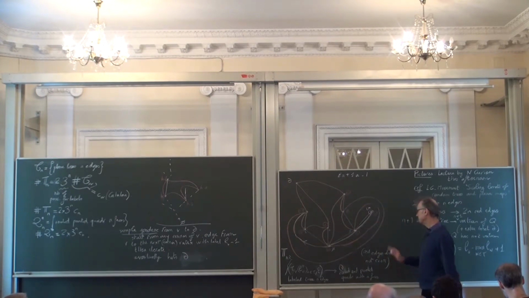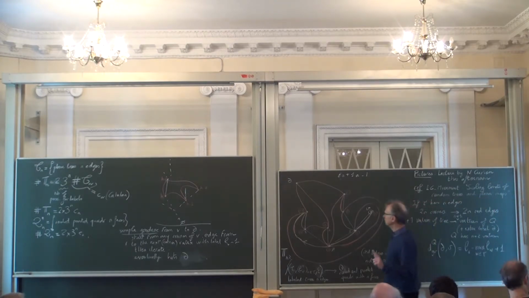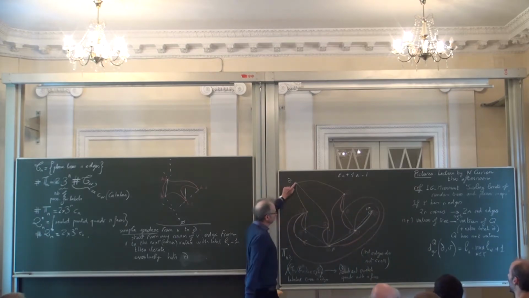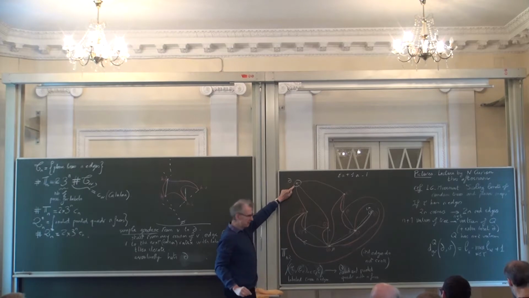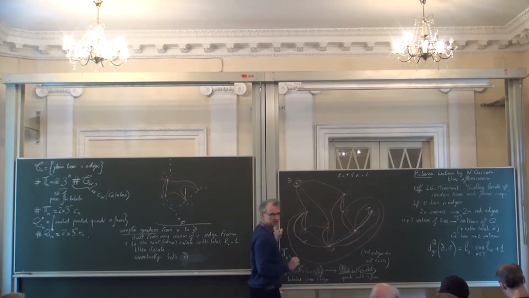Sorry, can you recall how did you choose? You constructed this red tree, the red quadrangulation, but you also had to choose a special point because it is pointed. So how did you choose the point? So, you remember in the construction I added this extra point here, partial D. That's going to be the distinguished vertex in my quadrangulation, pointed.